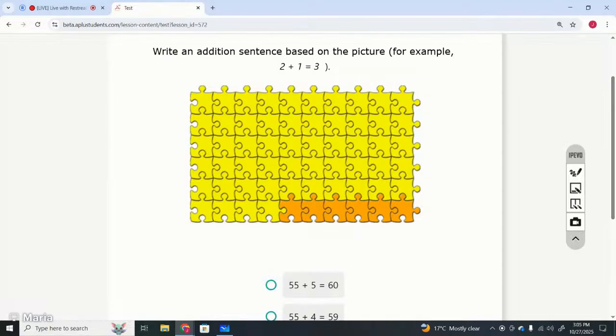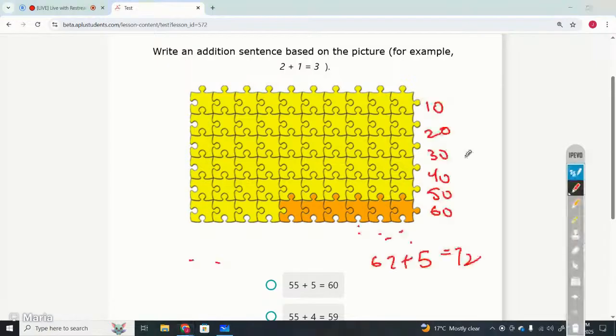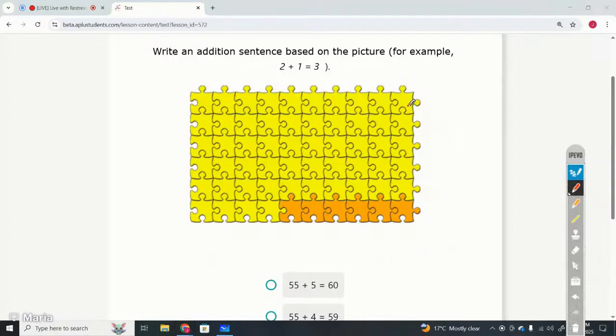Write an addition sentence based on the picture. So each row has 10 pieces, right? So let's just count them: 10, 20, 30, 40, 50, 51, 52, 53, 54. And then 1, 2, 3, 4, 5, 6.